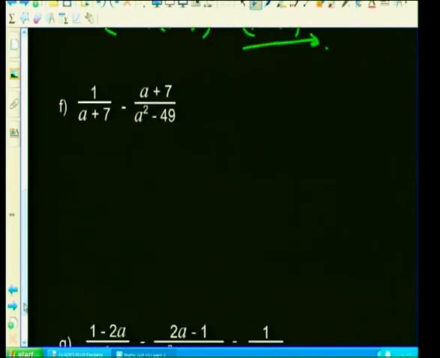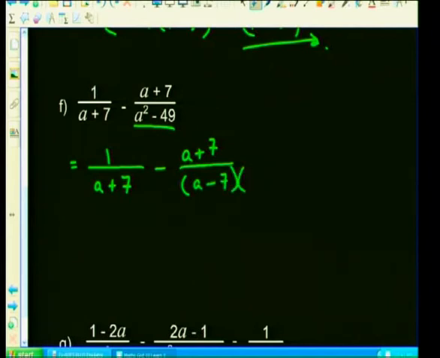Well, this is a subtraction question, and I'll need to factorize that before I can sort out what my denominator is going to be. And it's the difference of two squares, a minus 7, a plus 7. Okay, what am I going to choose as my denominator?